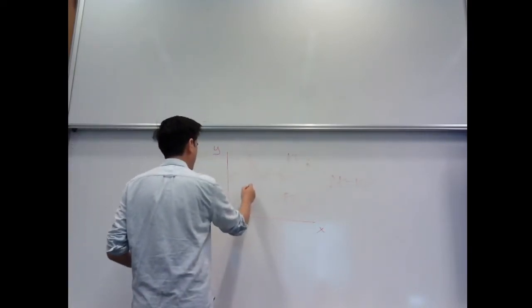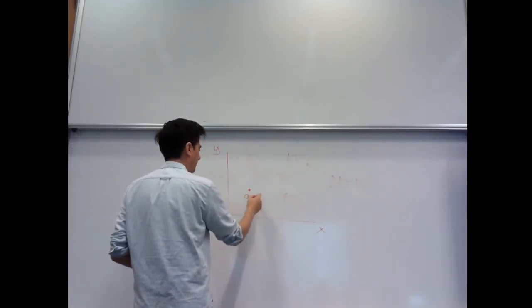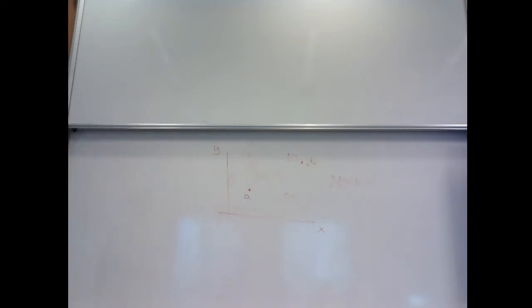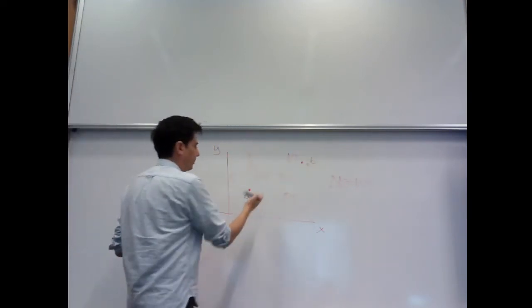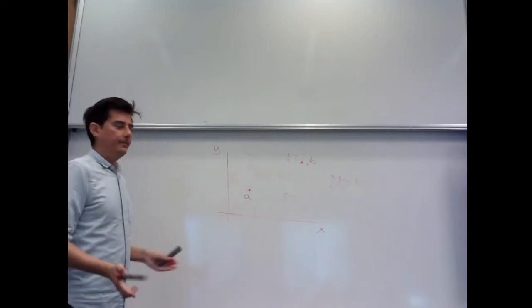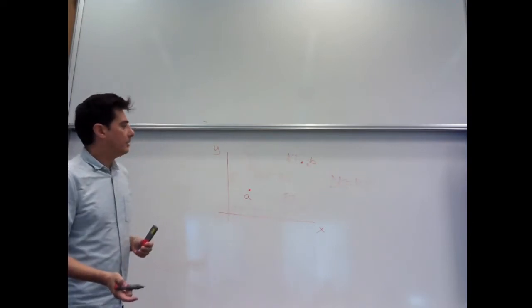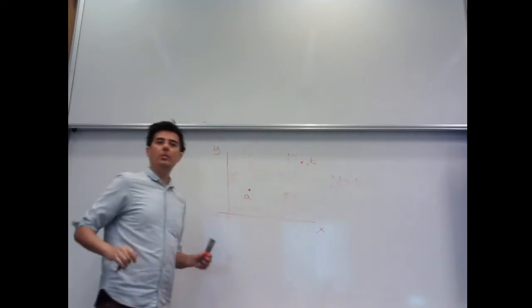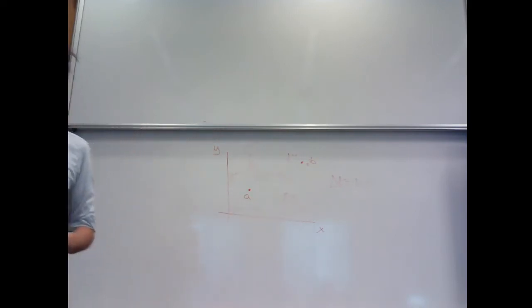The initial point we're calling A, the final point we're calling B, and of course they have some coordinates. You can get from point A to point B using multiple paths in this two-dimensional situation, right?